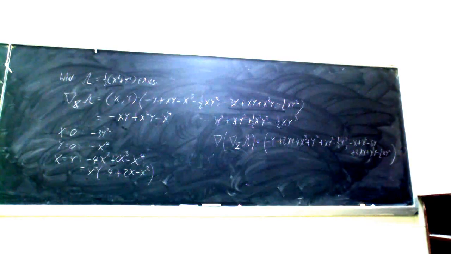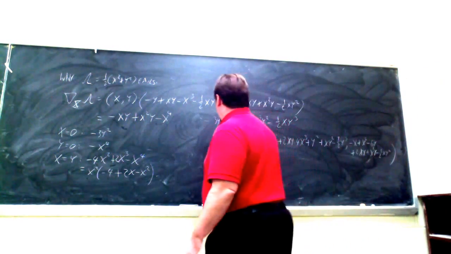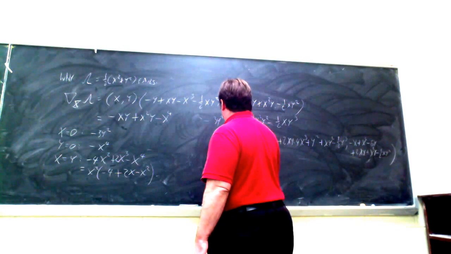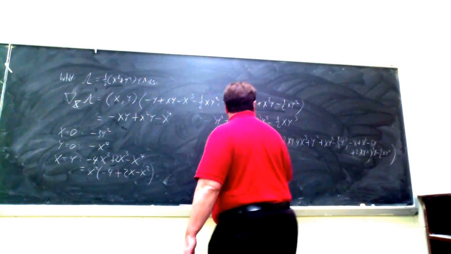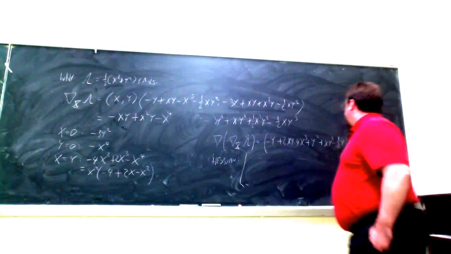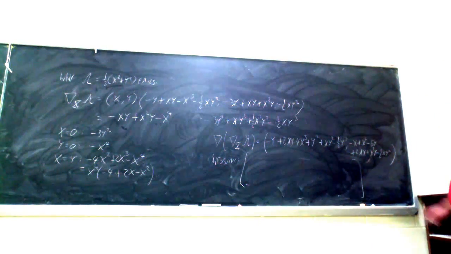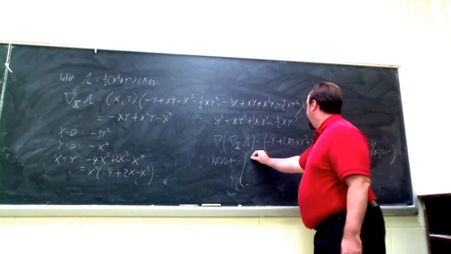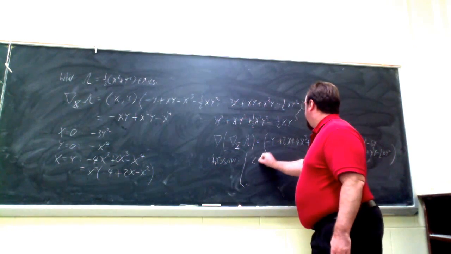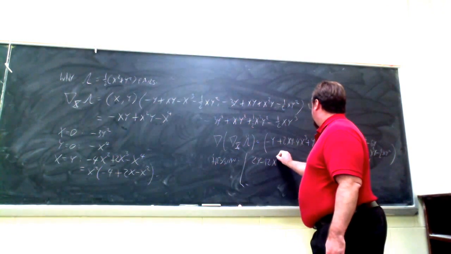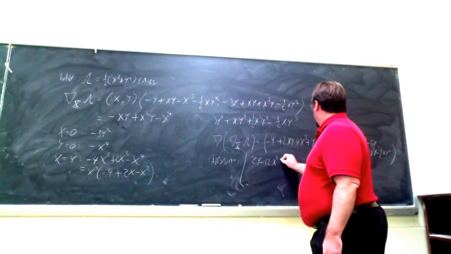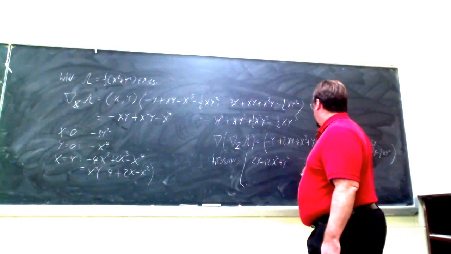But then you'd have to look at the Hessian of this. So then we're looking at second derivatives, first with respect to x, and you'd have 2y minus 12x squared plus y squared.